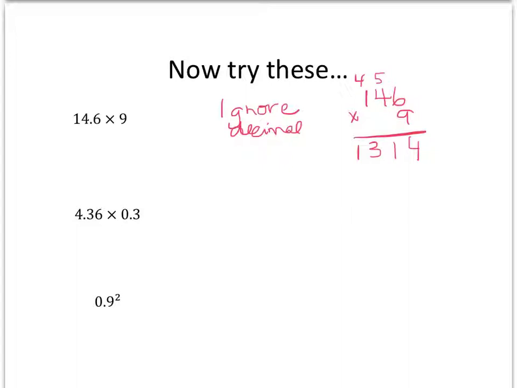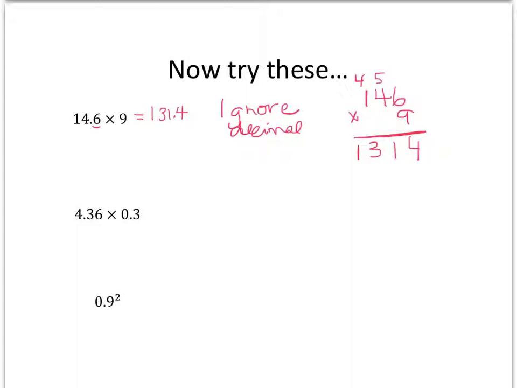So I get 1,314. Now, those are the digits that are going to be in our answer. But because I've got 1 decimal place in the question, I need to have 1 decimal place in the answer. So my actual answer is 131.4.